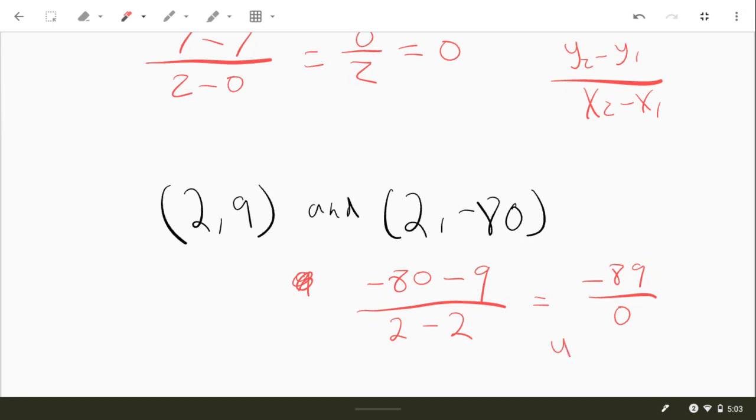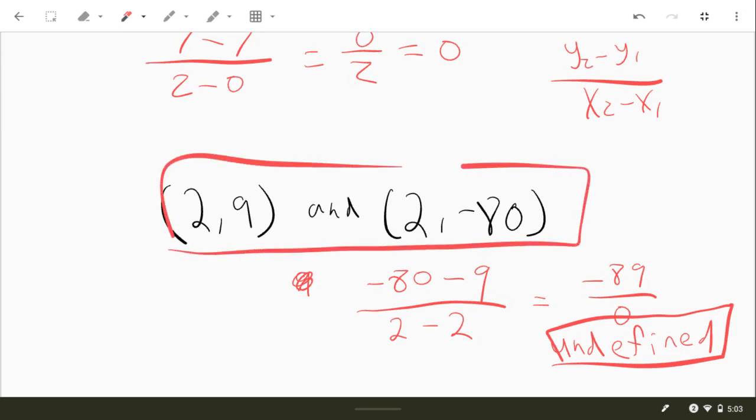You can't divide by 0, so this is undefined. That makes sense because if you were to plot them, 2, 9 would be about right here, and 2, negative 80 would be super far down there, but they would create a vertical line if you were to connect the dots.